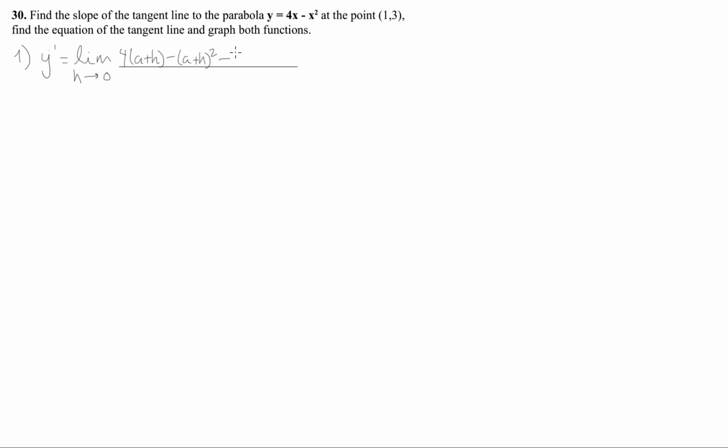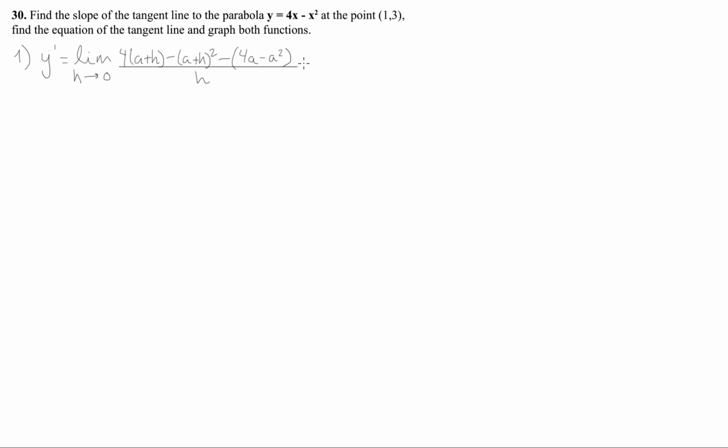For every x, we're going to write a. So this will be 4a minus a squared. Everything is divided by h.